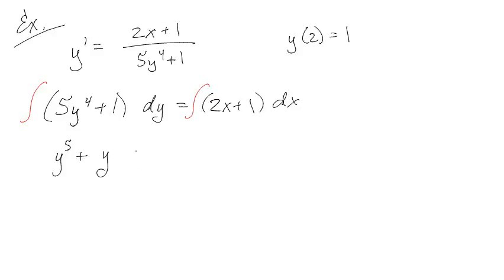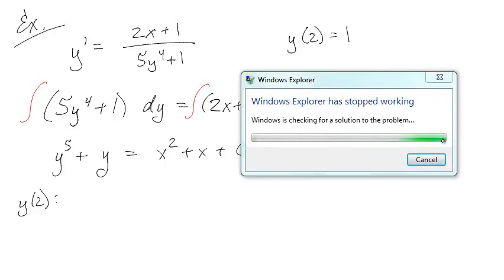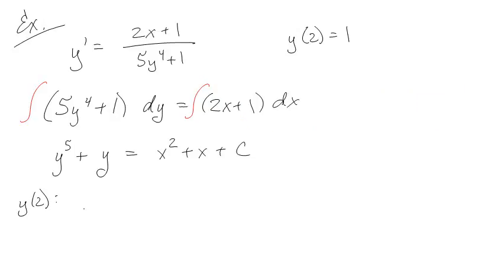Okay, so I integrated that on the left, and on the right I get x squared plus x plus c. Now I'm going to apply the initial condition y at 2 is equal to 1. So 1 to the 5th plus 1 is equal to 2 squared plus 2 plus c.